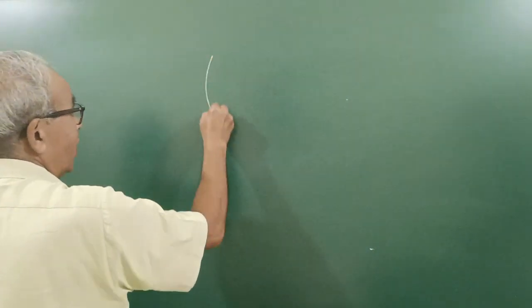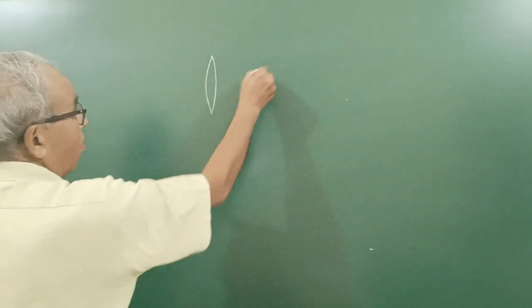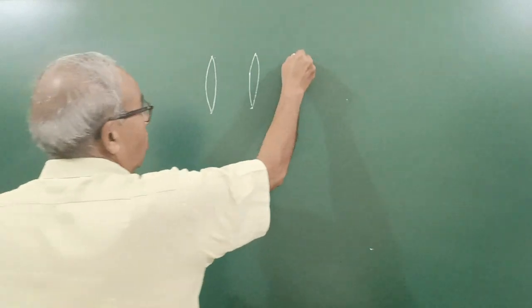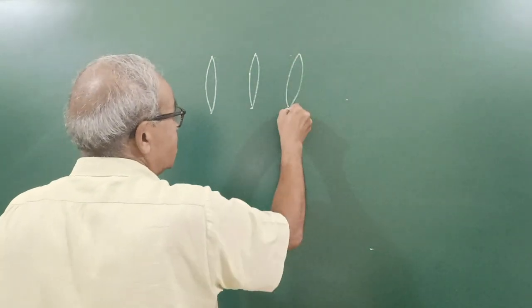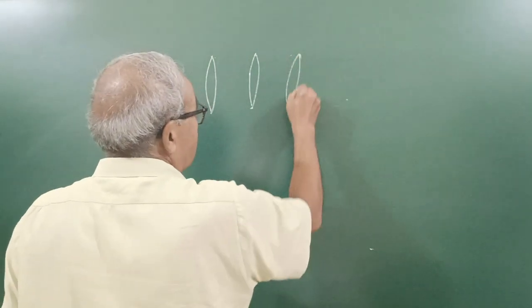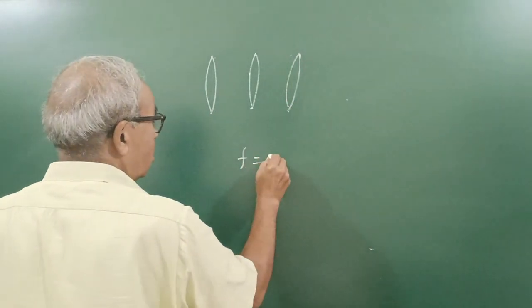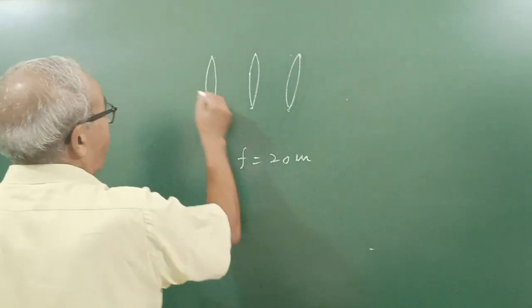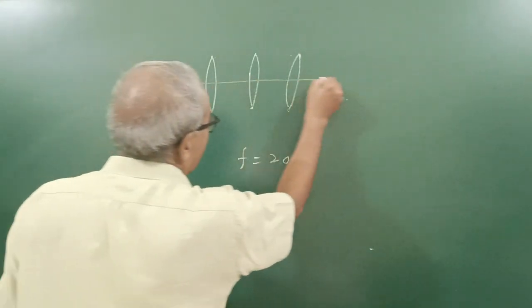Three lenses, three convex lenses, L1, L2, L3, each of focal length 20 centimeter, are placed coaxially.